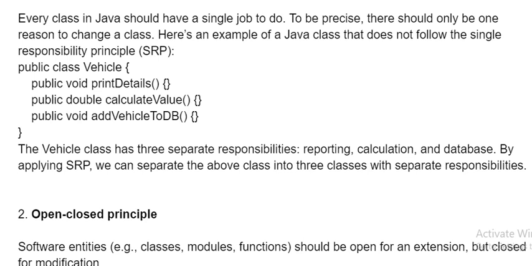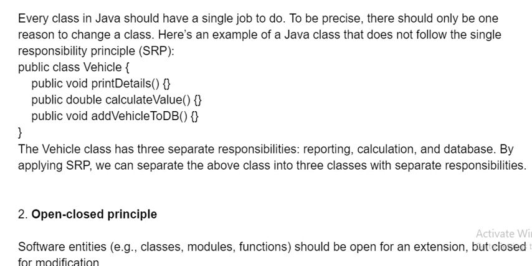We have a public class, Vehicle class, and in there we have 3 different methods: print details, calculate value and add vehicle to database. Here we can see that the Vehicle class has 3 separate responsibilities: reporting, calculation and database.